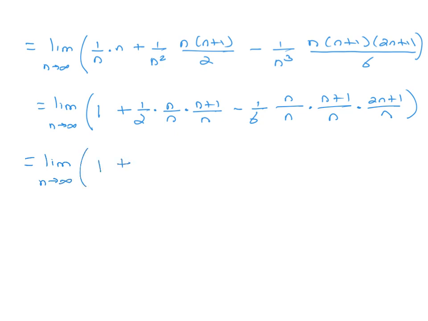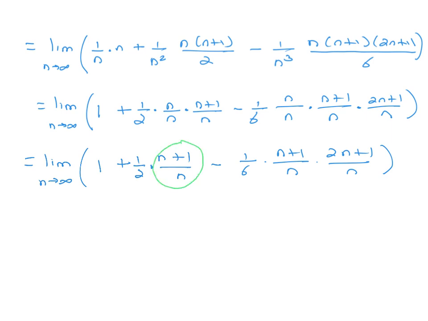This is 1, plus 1/2 times just n plus 1 over n, minus 1/6 times n plus 1 over n, times 2n plus 1 over n. This is now written in a way where I know what's happening to each piece. As n goes to infinity, this thing goes to 1, because that's the ratio of the coefficients in front of the n's. And that is the same thing here. This goes to 1, again, because it's the ratio of the coefficients in front of n.